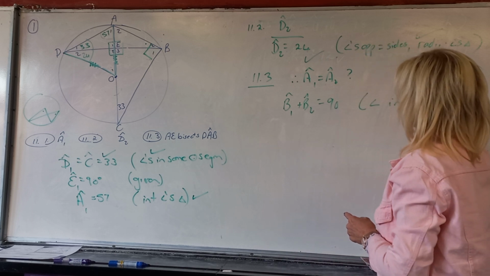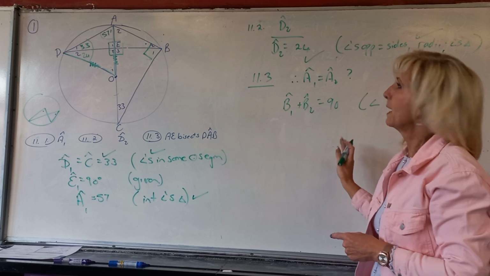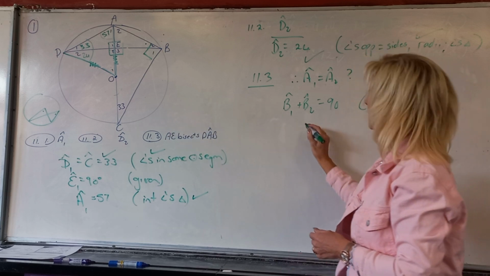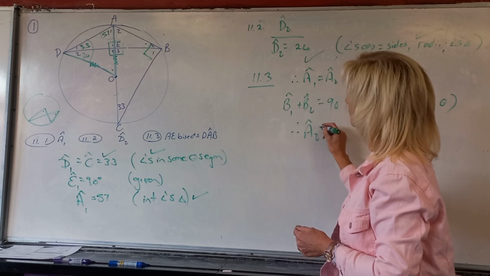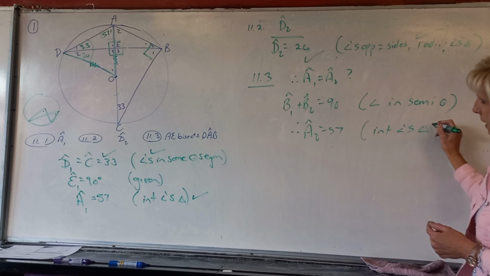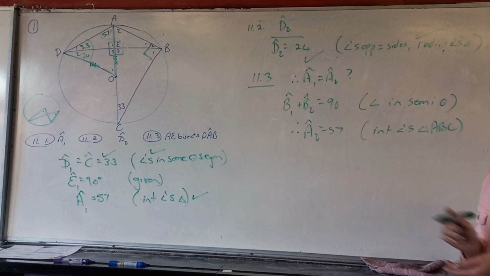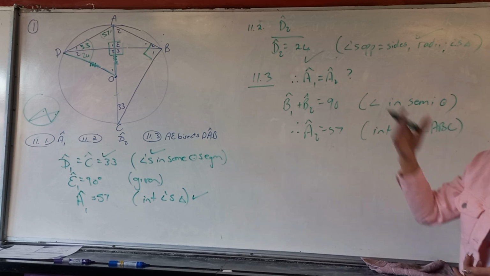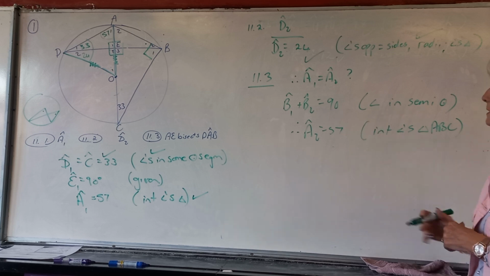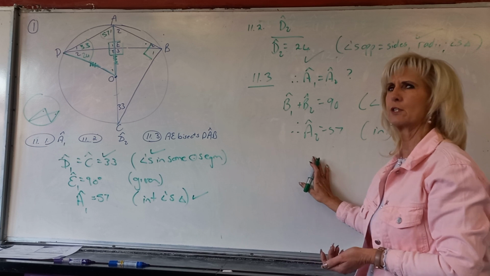But remember, that's worth a mark. And then you don't have to say it's 33 that's been given. If you want to, you can. And that means that A2 would be 57 because of the interior angles of a triangle. I think there's so many triangles, maybe we should say triangle ABC. It's good measure, it's good technique. Alright, so A2 is that. Oh, am I finished?